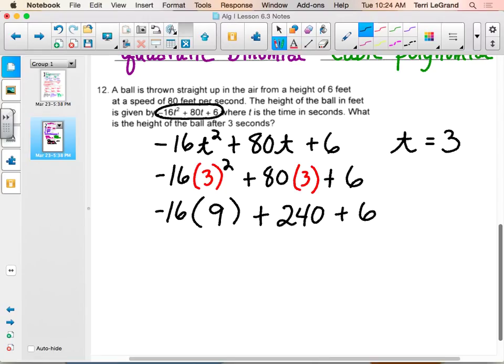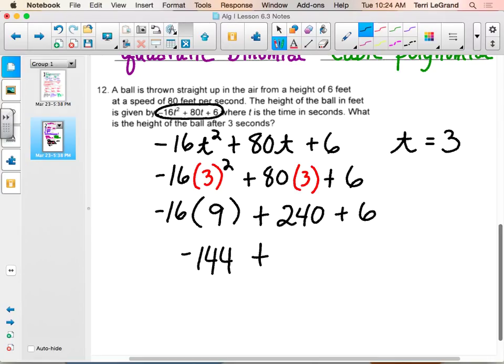Negative 16 times 9. Well, let's see. Negative 16 times 10 is negative 160, but I went one 16 too many, so negative 160 plus 16 is negative 144. Can we add these two together?